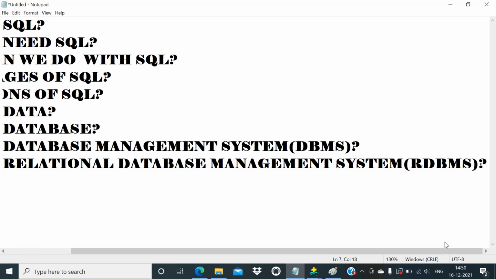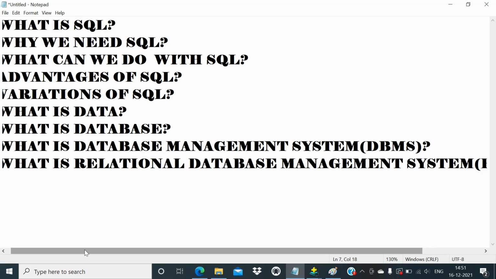The whole thing is nothing but a concept. It is a concept which was designed by EF Codd, one of the data scientists. He designed that data will be stored in rows and columns. In relational model, we store data in form of tables.